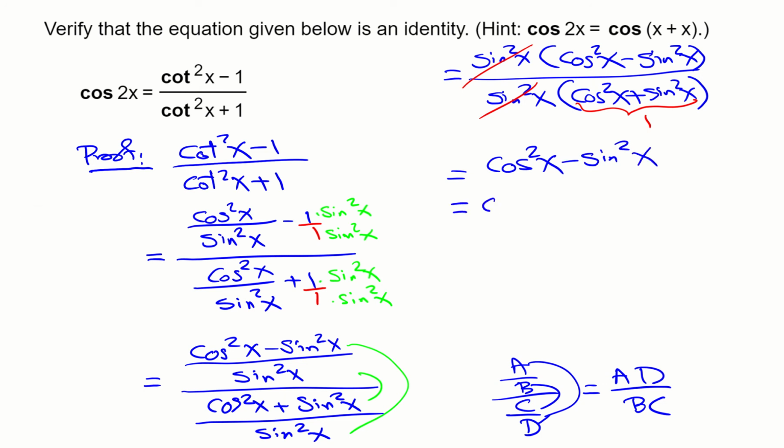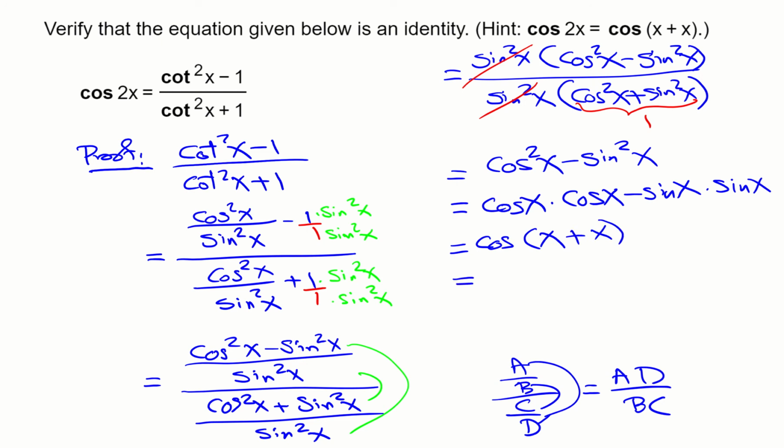Notice that you can write that as cosine x times cosine x minus sine x times sine x. That should look familiar to you. That's the cosine of x plus x, which is the same as cosine 2x. And there we have established the identity.